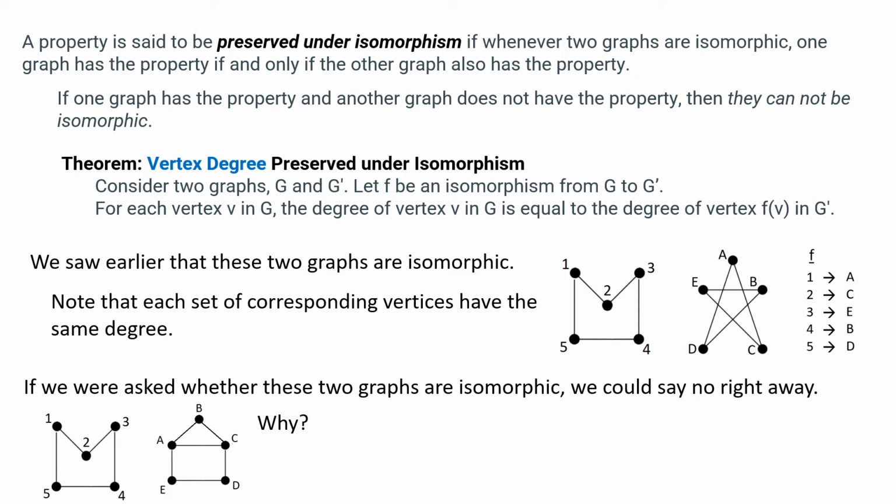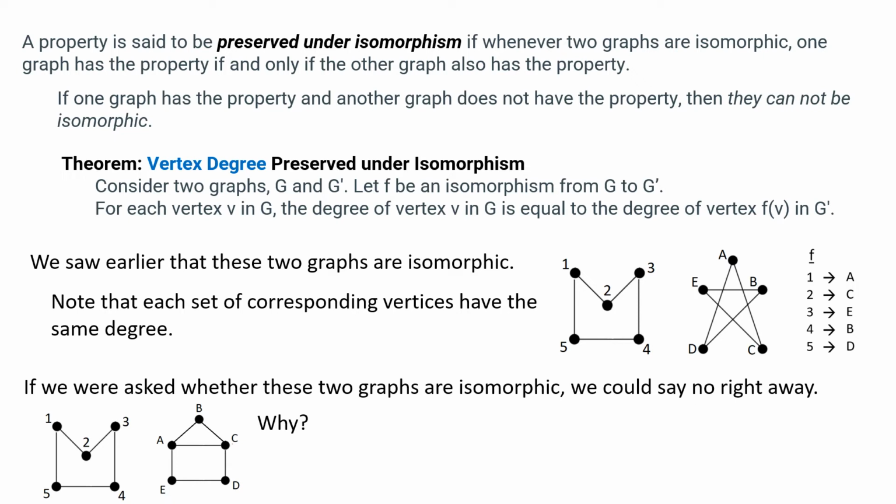Well, every vertex in the first one again has a degree of 2. But look at A in the second one. It has a degree of 3, and so does C. And there's no corresponding vertex that we could correspond.